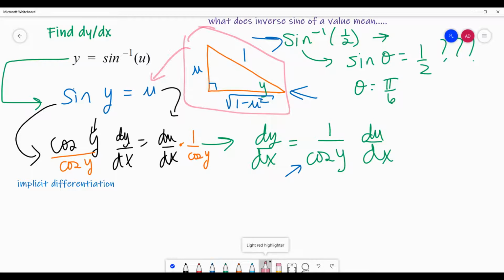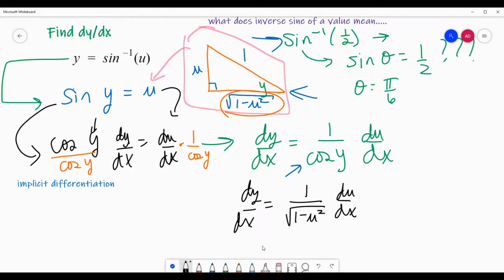Cosine of y is adjacent over hypotenuse. The adjacent side is the square root of 1 minus u squared. So dy/dx is going to equal 1 over the square root of 1 minus u squared. Don't forget, we still have du/dx. If you were in one of my calc classes, sometimes I show you the form of u prime.